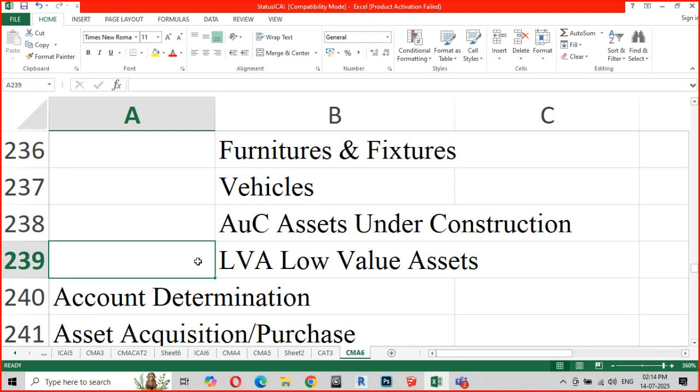Now, the concept of assets under construction is this: will my 100 flats be completed in one financial year? Let me assume a scenario where I'm following the April 1st to March 31st financial year. Say I take up my apartment building work by August or September 2025.